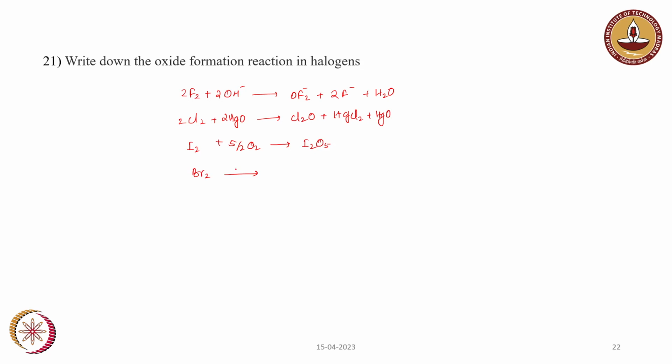Oxidation with ozone at 195 Kelvin will give Br2O3, which is orange in color. And further oxidation with ozone at 195 Kelvin will give Br2O5, which is colorless.